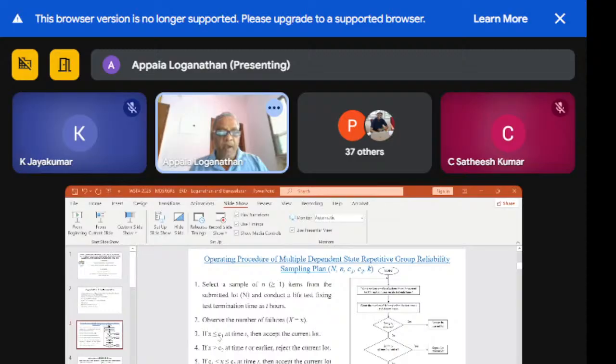In the other case, if the number of failures is more than C1 but less than or equal to C2 at time T, then the decision is taken based on the k lots preceding the current lot, and the lot is accepted if all the k preceding lots are accepted subject to the acceptance criterion prescribed in this step 3. If any one of the preceding k lots is not accepted, then we will have to go for resampling. That's it.